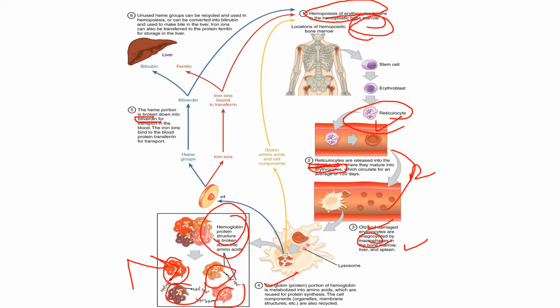The biliverdin goes to the liver, and the iron binds to the blood protein transferrin for transport, so that it will help in the hemopoiesis process. The unused heme group is again recycled, converted to bilirubin, and the ferritin stores fats for storage in the liver.